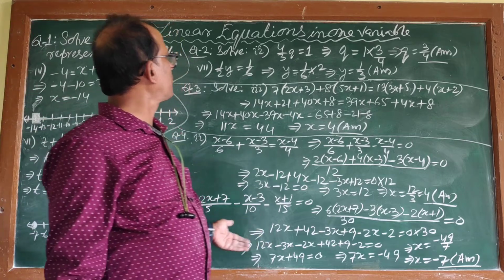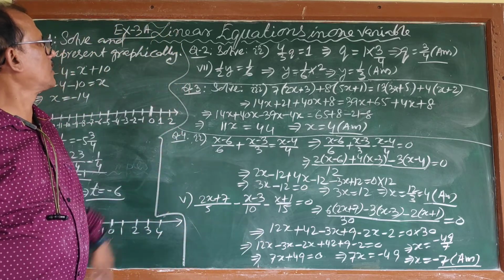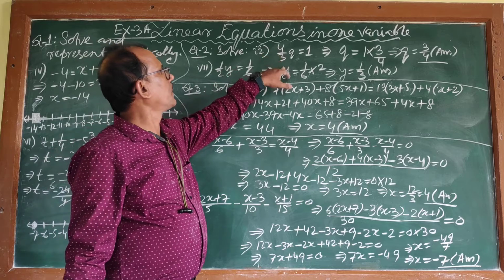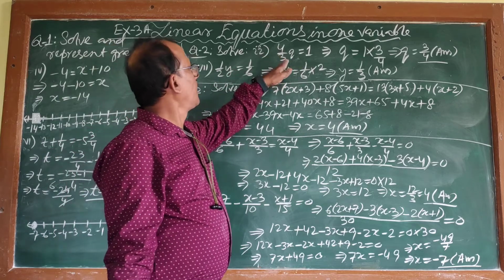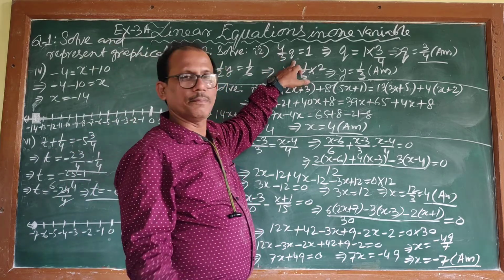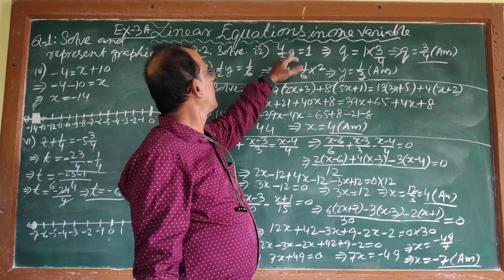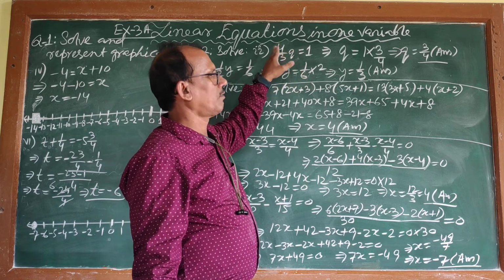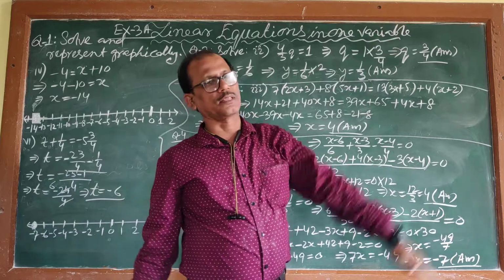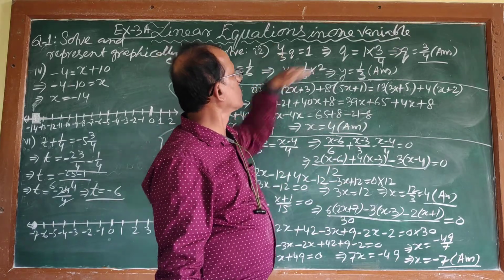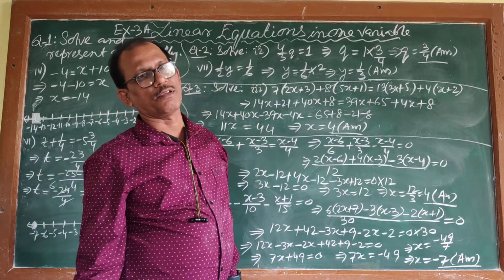Now let us solve some of the sums from your exercise. Question number 2, I have taken the second one: 4 by 3 q is equal to 1. Very simple one. Let q be on the left hand side. The numerical coefficient, whatever it is, will transpose to the other side. It was 4 by 3, it goes that side, it will become 3 by 4.